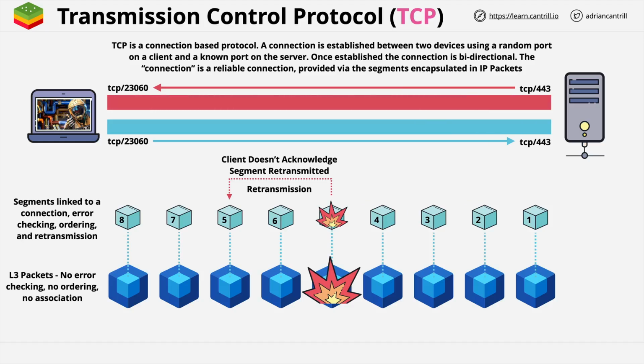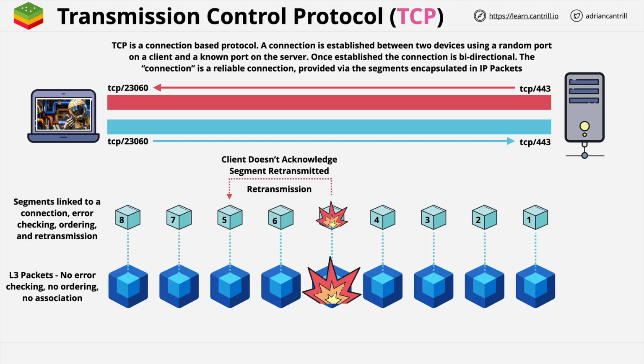Now these two channels you can think of as a single connection between the client and the server. Now these channels technically aren't real, they're created using segments, so they build upon the concept of this reliable, ordered delivery that segments provide and give you this concept of a stream or a channel between these two devices over which data can be exchanged. But understand that this is really just a collection of segments.